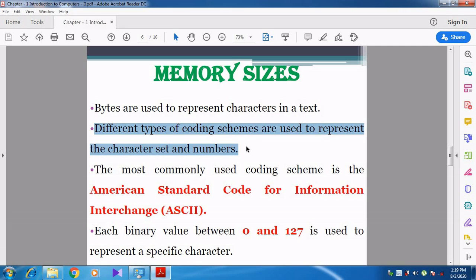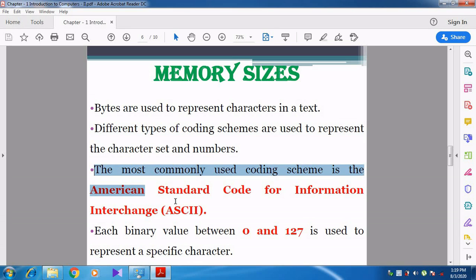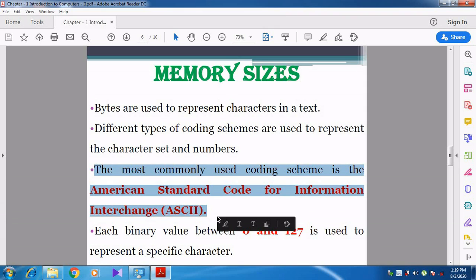In that, we are using the ASCII system, that is the ASCII coding system. What is meant by ASCII? ASCII means American Standard Code for Information Interchange. Each and every word, the first letter represents ASCII.